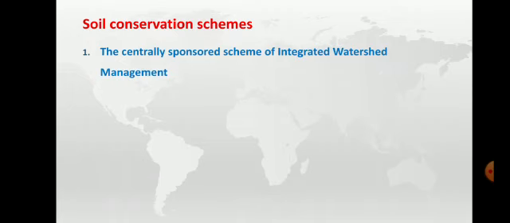This is done in the catchments of flood-prone rivers. It was launched during the 6th plan in 8 flood-prone rivers of the Gangetic Basin, covering 7 states and 1 union territory.